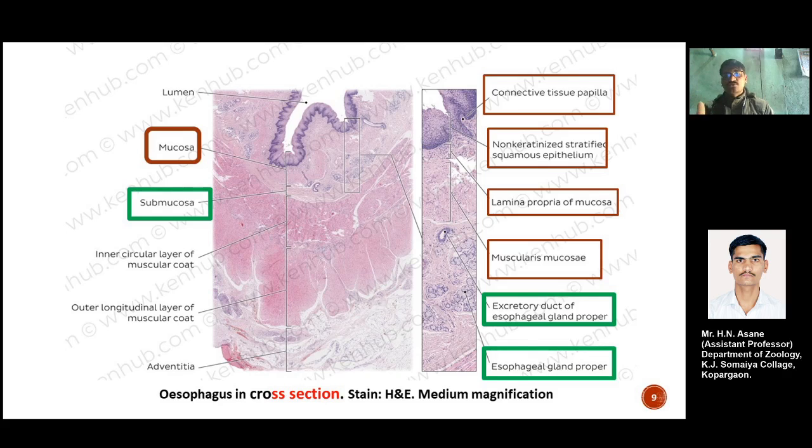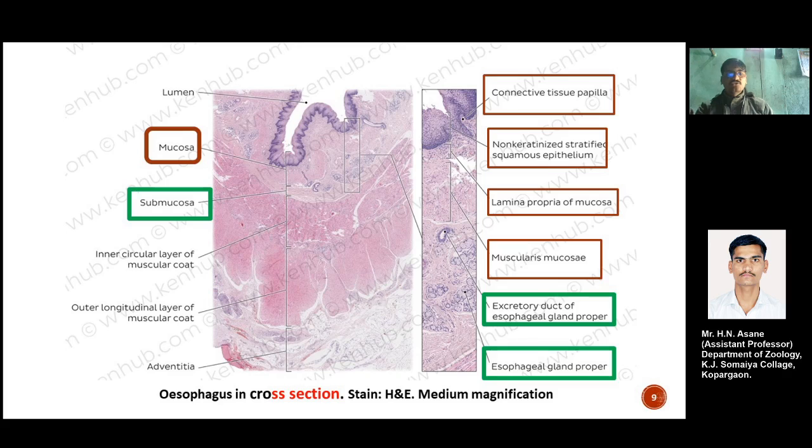The next mucosal portion is the lamina propria of the mucosa, and then the muscularis mucosae layer of the mucosa.